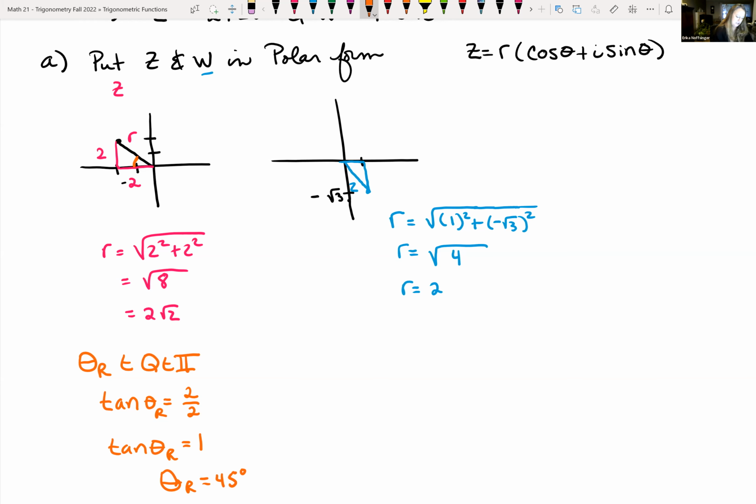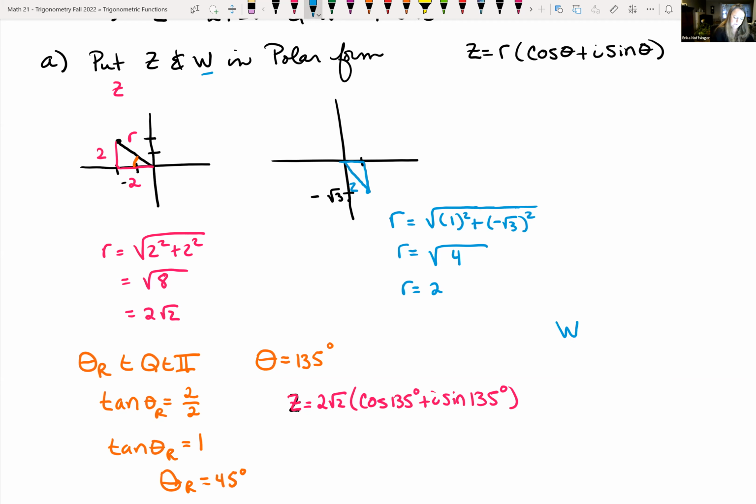But since I'm in quadrant 2, it's 180 degrees minus 45 degrees. So my theta value for Z is 135 degrees. So Z in polar form is equal to R, which is 2 root 2, times cosine of 135 degrees plus i sine of 135 degrees.